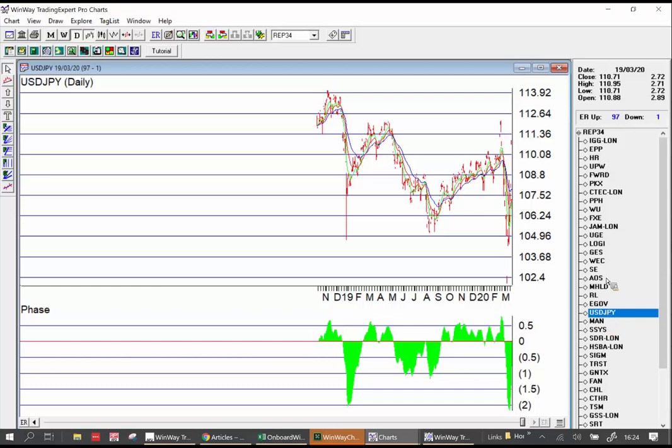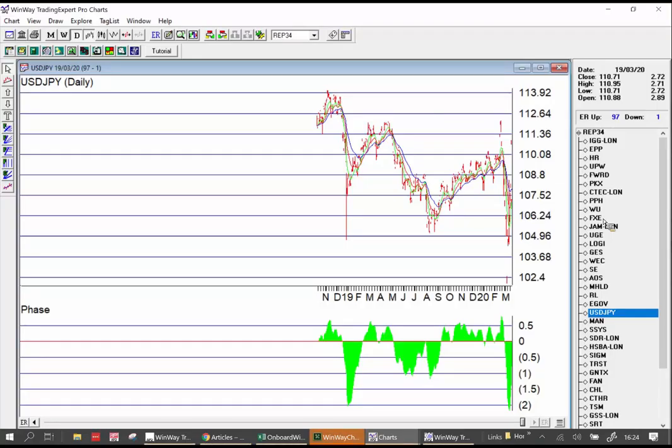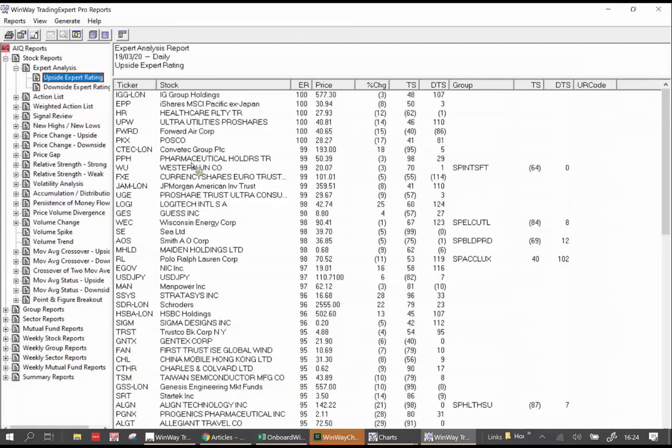Now, equally, going back to reports, I mentioned that these are stocks which have an expert rating which is fired, but they have not necessarily been confirmed.